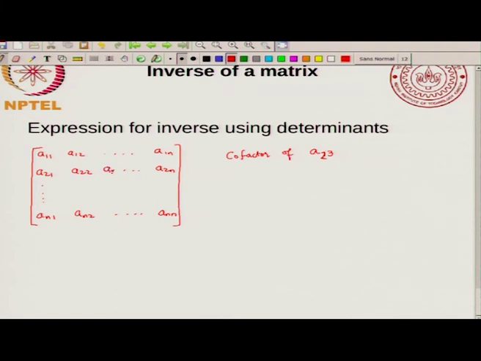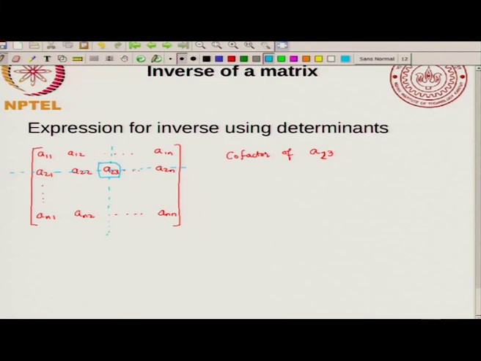This is the second row and the third column. To calculate the cofactor of this element, I imagine a matrix where this row and this column are removed.